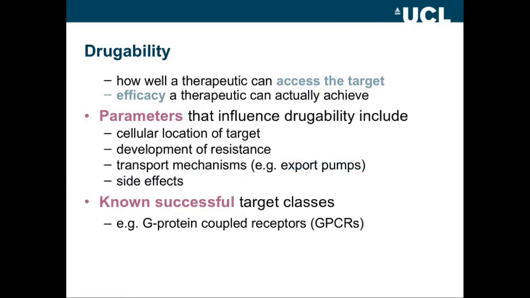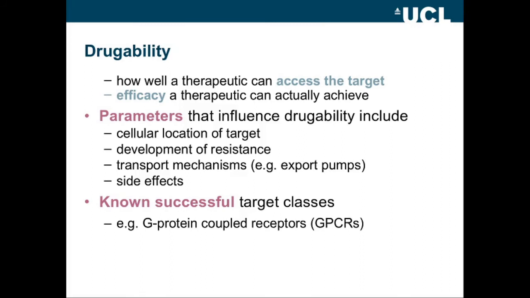Is it on the cell surface, exposed on the membrane? Is it in the cytoplasm? Is it within the nucleus? And so on. Secondly, development of resistance, which is particularly important when we're talking about pathogen targets or cancer targets.